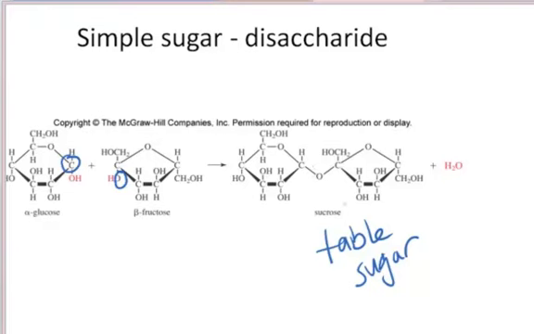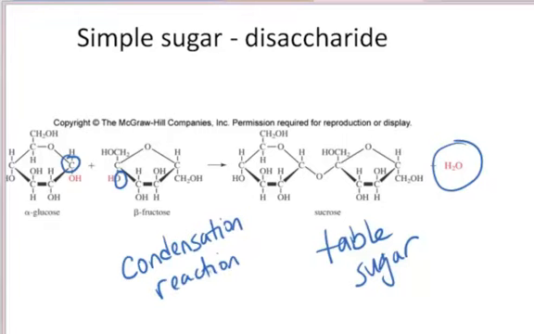It's the characteristic link between the different monosaccharides to form disaccharides. And then water splits off. So this is another example of a condensation reaction that happens in nature when simple sugars are brought together to form sugar linkages.